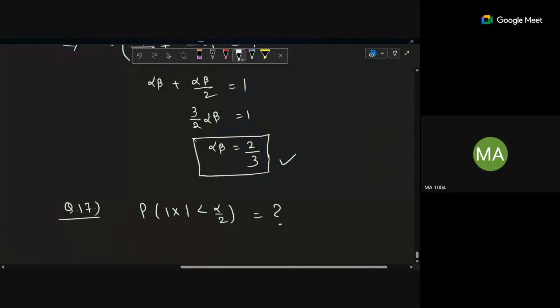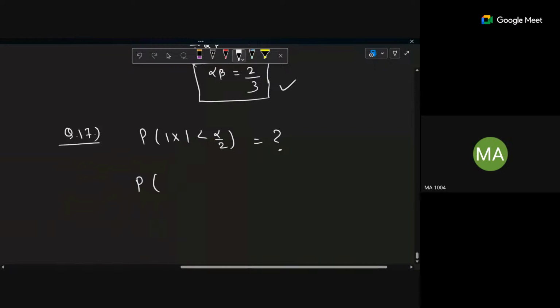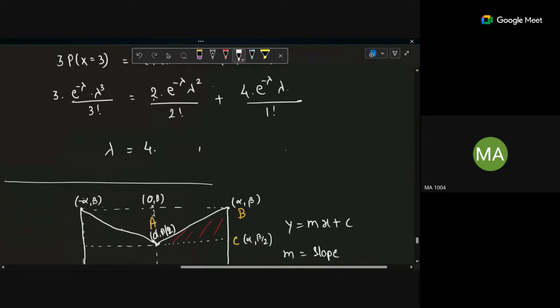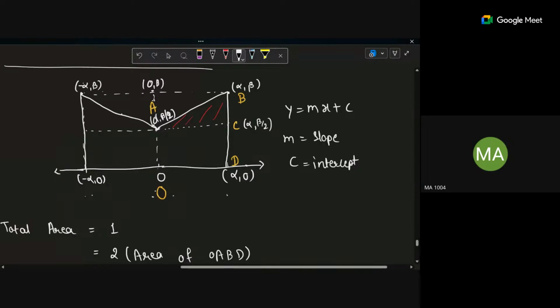So modulus x less than alpha by 2 means your x should lie between minus alpha by 2 and alpha by 2. We have to find the area between minus alpha by 2 and alpha by 2. It will be somewhere here, minus alpha by 2, and here, plus alpha by 2.